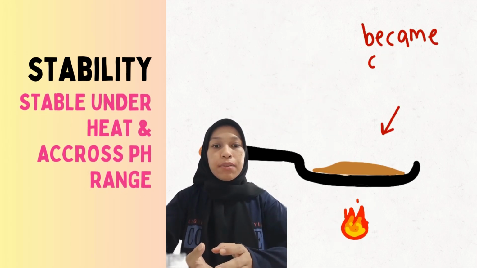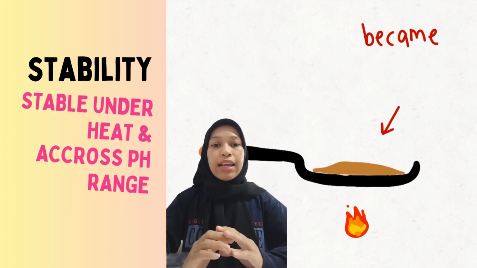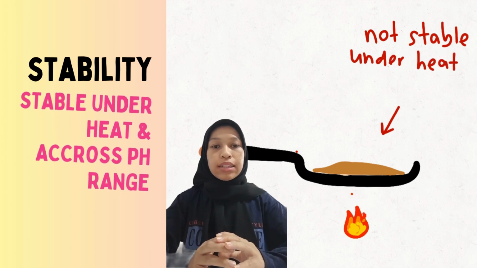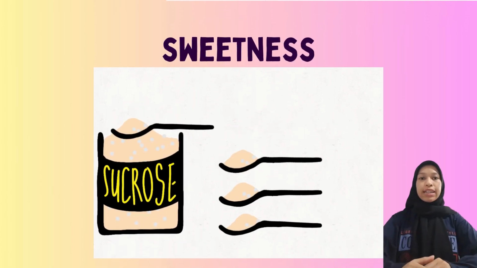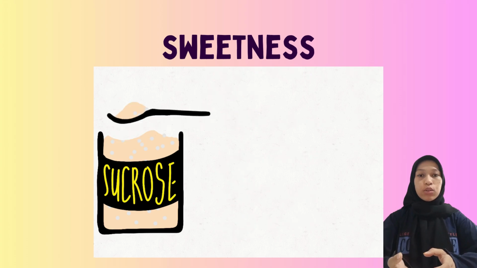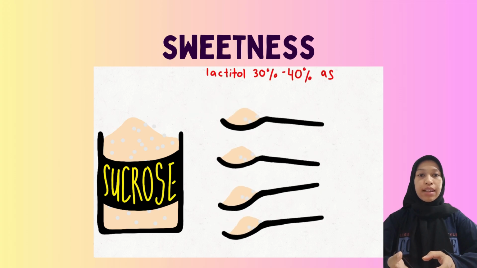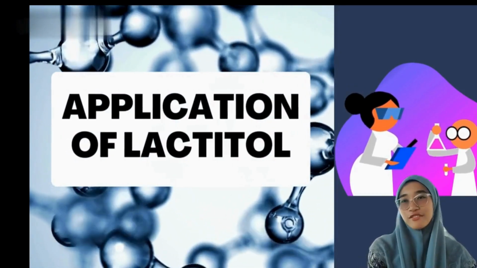It remains stable under heat across a wide pH range. Unlike some sugars, lactitol does not decompose easily in acidic conditions. When it comes to sweetness, lactitol provides a clean and mild sweetness that is 30% to 40% as sweet as sucrose.